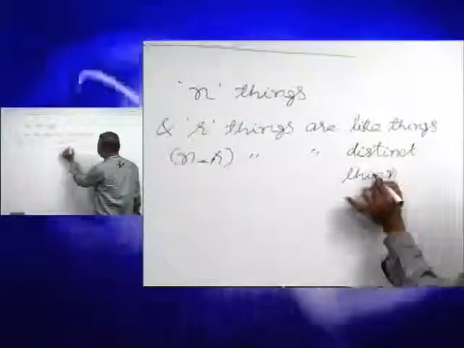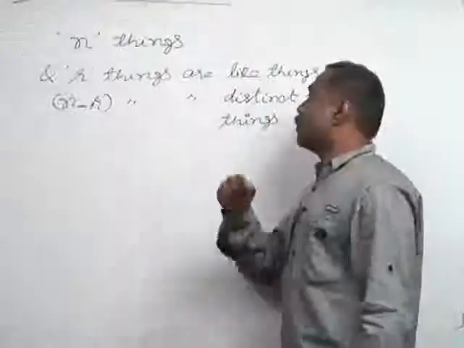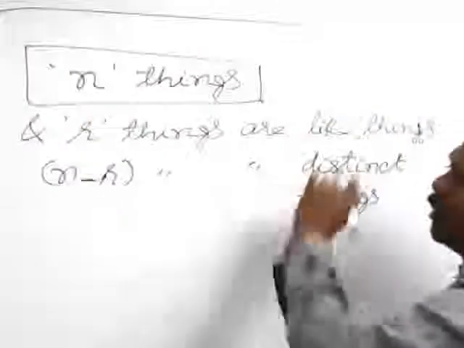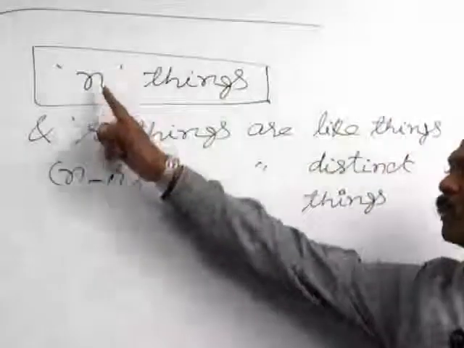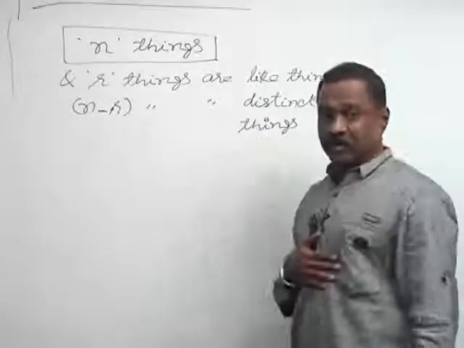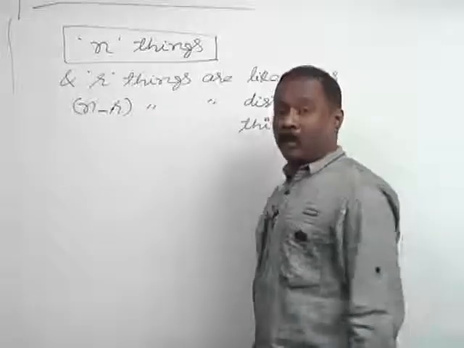Distinct means different. So totally how many things are there? n things. And what is the data here? Among n things, r things are like things and n minus r things are distinct. Then in such a case, what should be the number of arrangements?